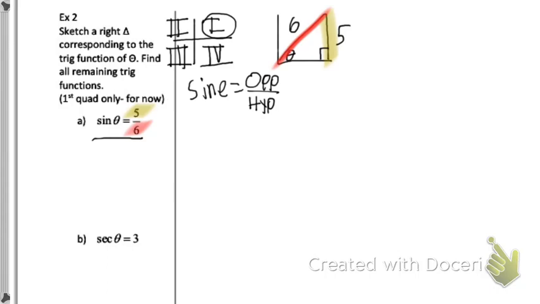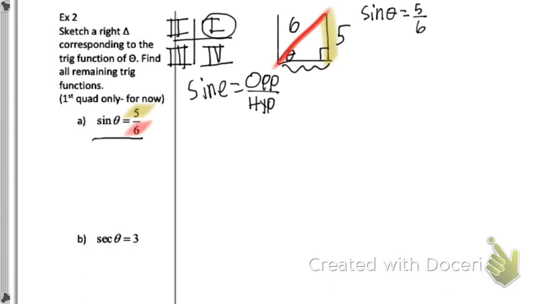Now we need to find the other trig functions. We already know sine of theta is 5 over 6. So let's find this side first. I used my calculator with the Pythagorean theorem, which is a squared plus b squared equals c squared, and you take the square root.